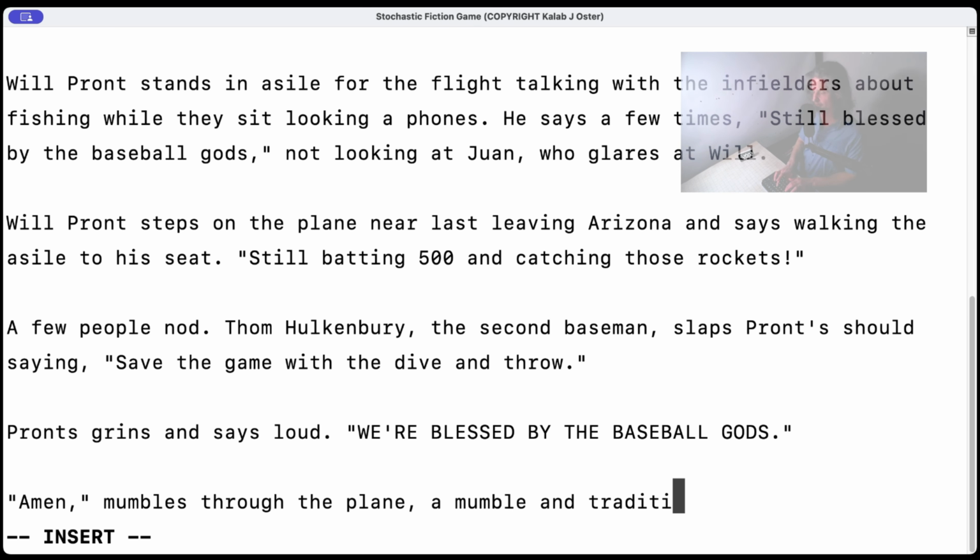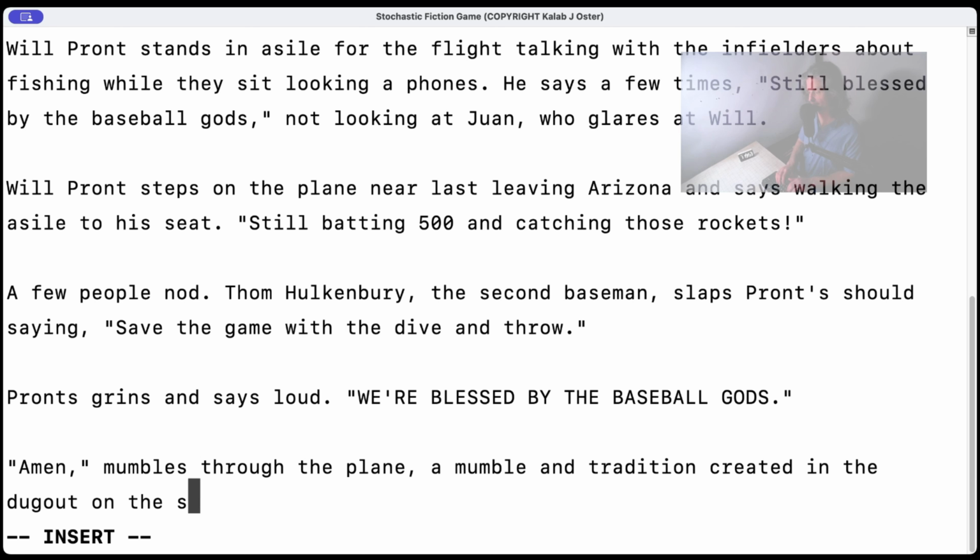And tradition, created in the dugout on the second game with Arizona.